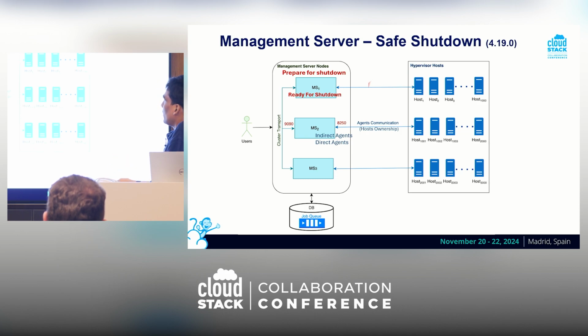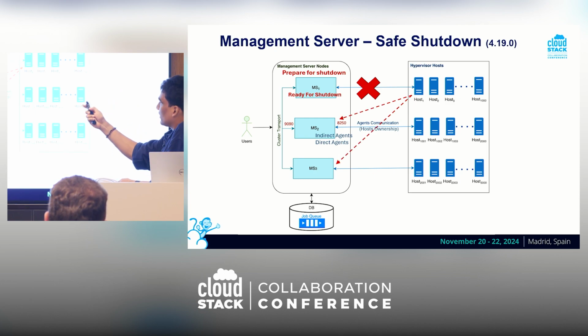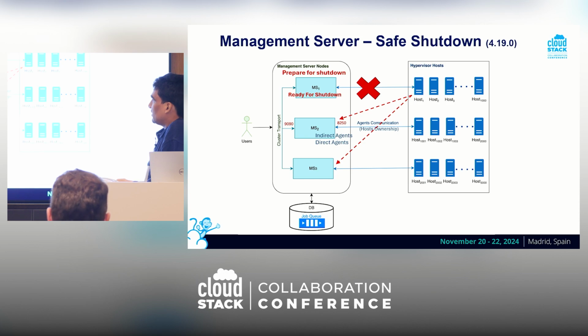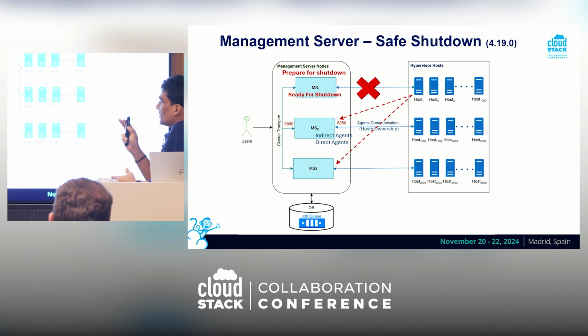Now at this point I trigger a shutdown. What happens? All hosts 1 to 1000 try to reconnect to MS2 and MS3. While connecting to MS2 and MS3, several commands are sent to the host to set up storages, to set up SSH keys, to clean up network rules, and to process all the reconnections.